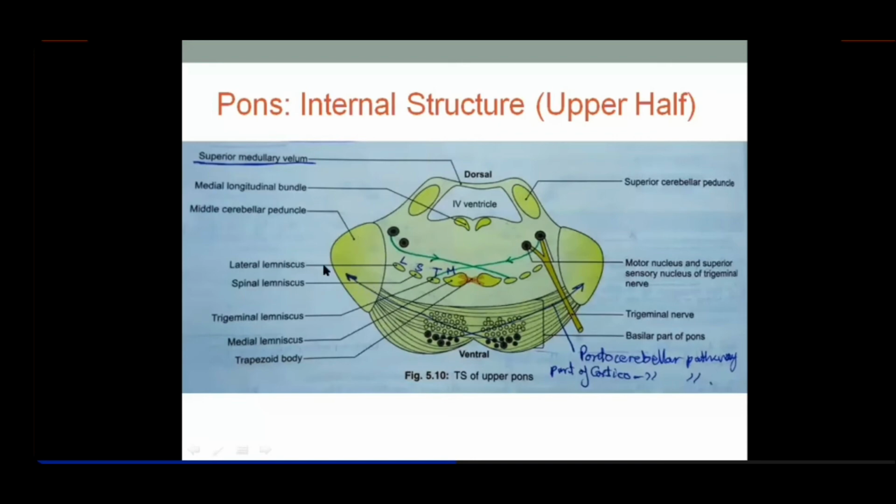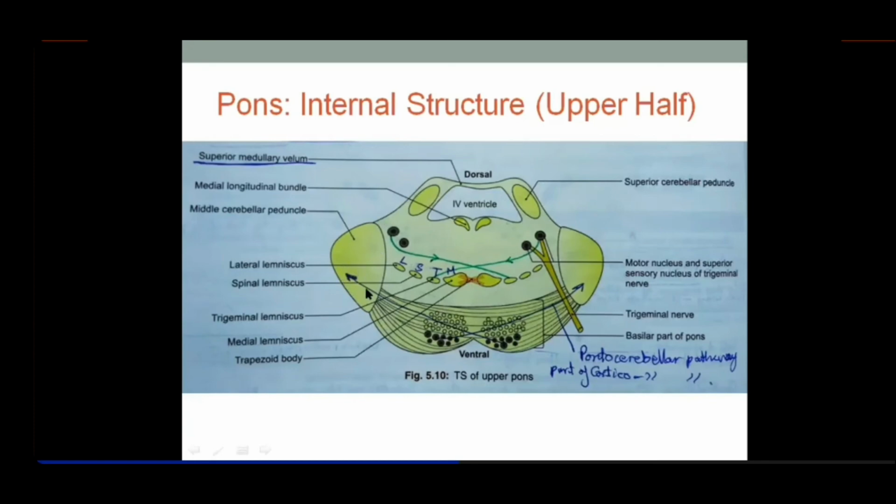You can see that the upper portion of the pons has big peduncles on both sides. These are the middle cerebellar peduncles. Another set of white vertically running fibers are the corticospinal fibers. So the transverse striations, or you can say the striated appearance of the ventral aspect of the pons, is because of pontocerebellar fibers.